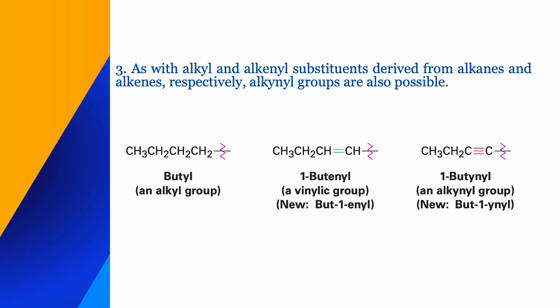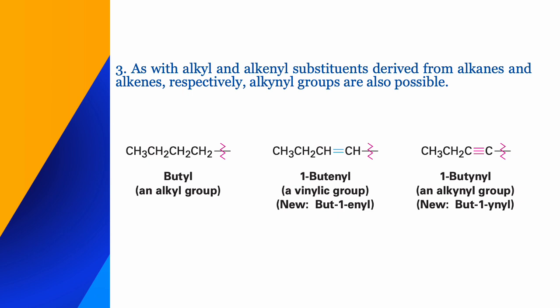So in the butyl, if, say for example, there is a double bond, it becomes now an alkenyl. In alkenyl it shall be written as 1-butenyl.